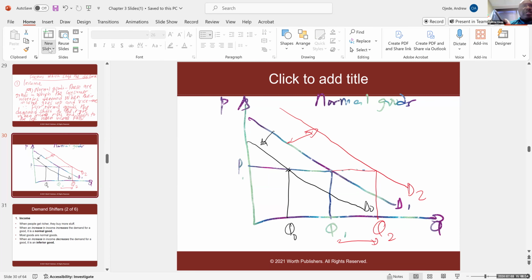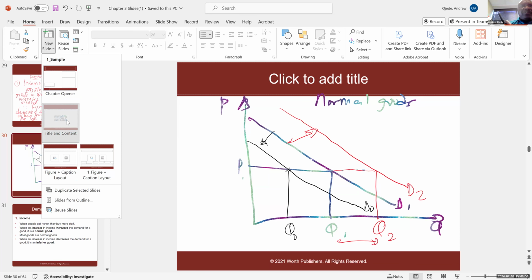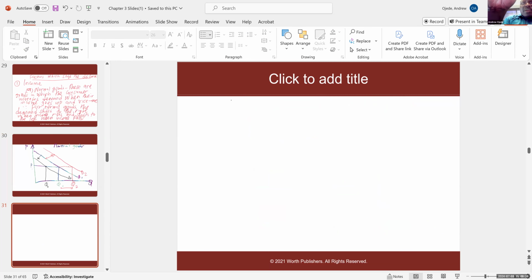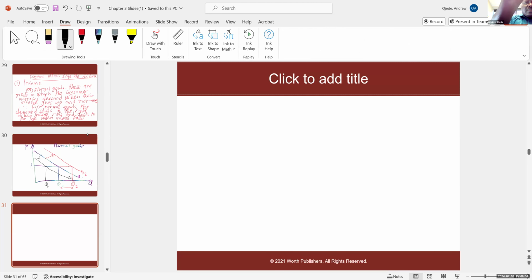Sometimes the goods can be what we call inferior goods. So if a good is not a normal good, then it must be what we call an inferior good.